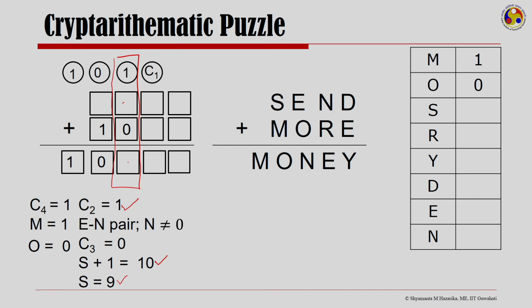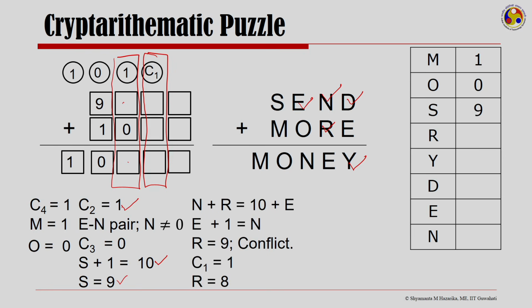So, I have my third variable satisfied, S equal to 9. I update my variables, S equal to 9 there, and then now I have to look for R, E, N, D and Y. So, I focus on my fourth column.